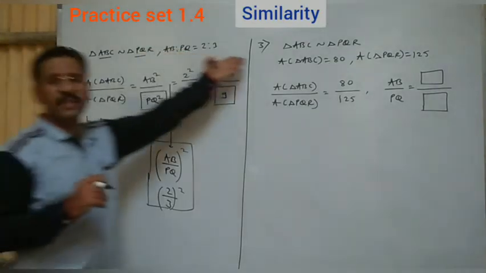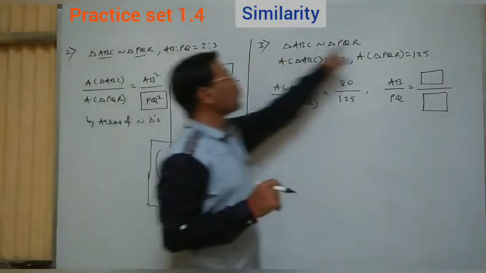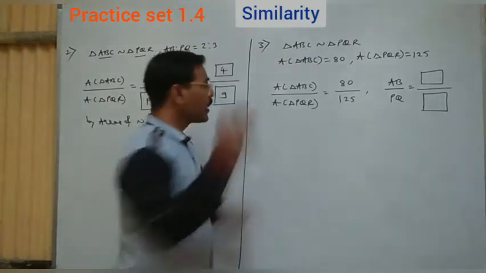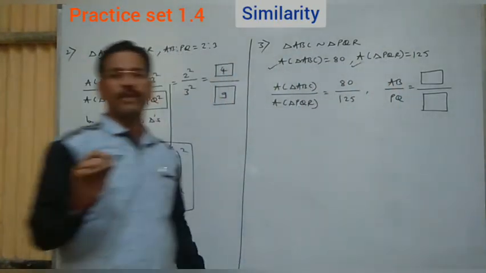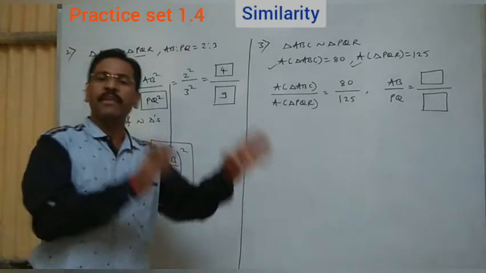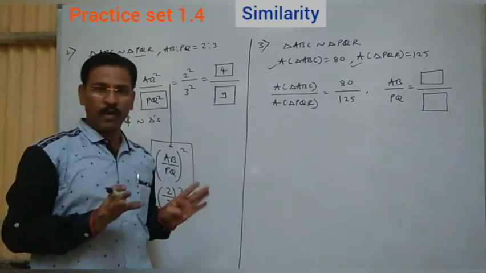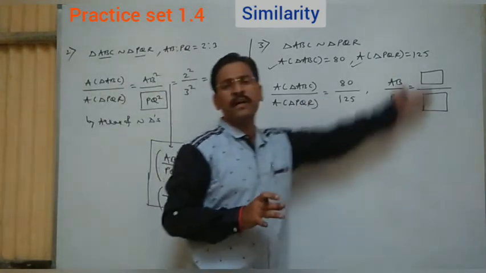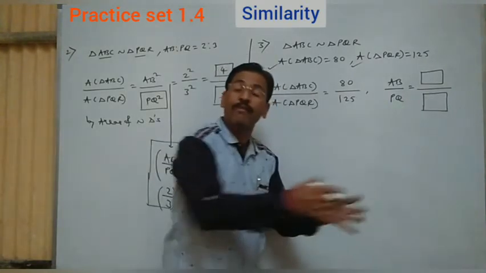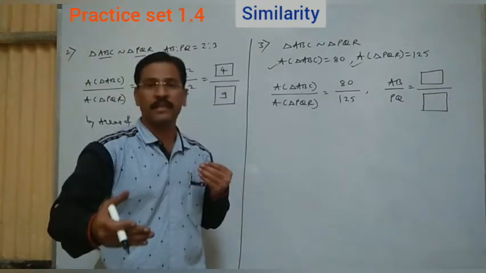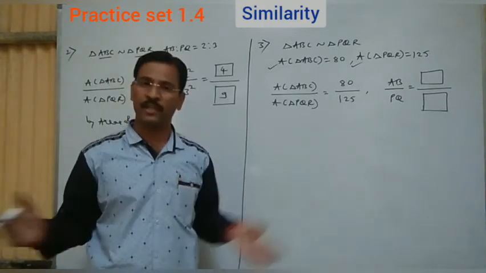Now here also in the third example, these two triangles are similar again, and now the areas of the two similar triangles are given to us. One is 80 and the other one is 125. Now we have to put the values here in the boxes, but we cannot put them directly. We have to simplify something, and we can simplify that in rough sections.